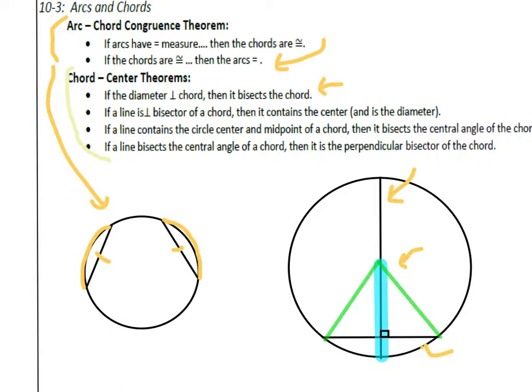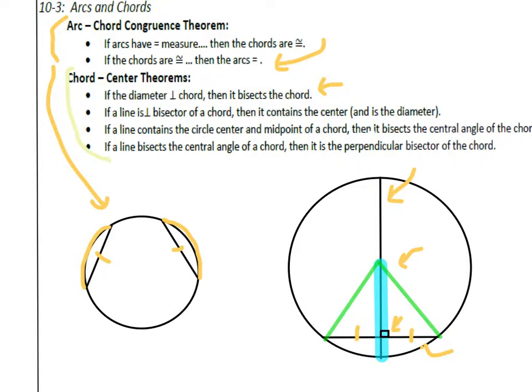If the diameter is perpendicular, and I did say it is perpendicular through the perpendicular symbol, then the chord is bisected, this part and this part right there. That's important to take notice of. This part right here and this part right here are the same.